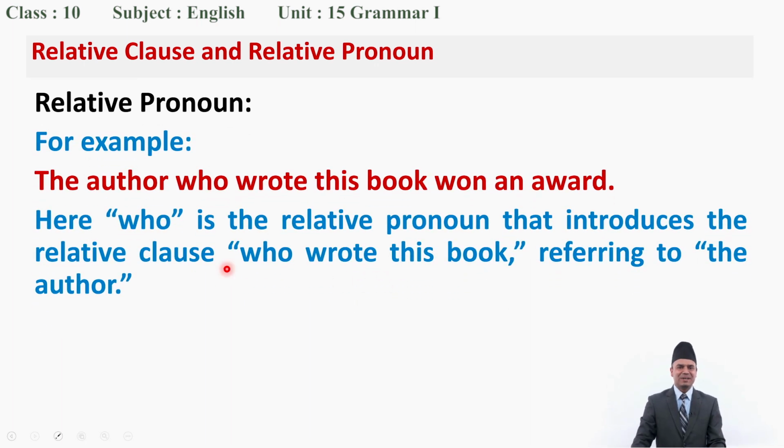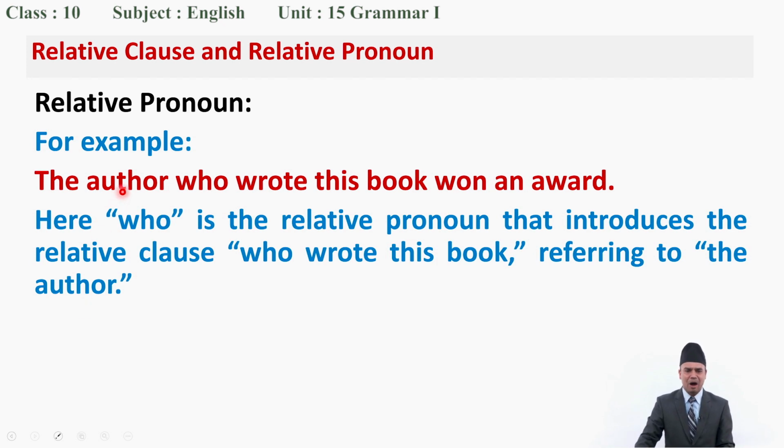Then after, we need to discuss what a relative pronoun is. Let's see, the author who wrote this book won an award. Here, who is the relative pronoun that introduces the relative clause who wrote this book. That means now you have to understand that the particular word that gives extra information and connects the clause is called a relative pronoun, referring here to the author.